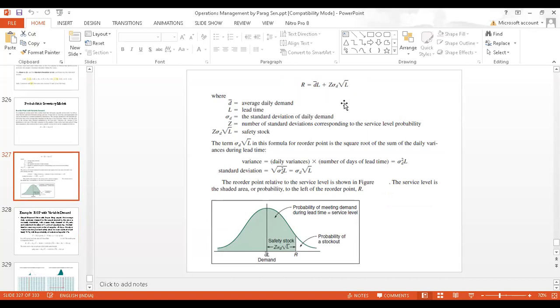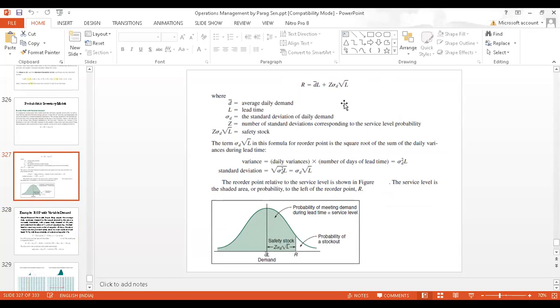Obviously, the safety stock, you cannot say it's like that. The safety stock will be 225 items. If you can save 225 items, then you will not meet any stock out.